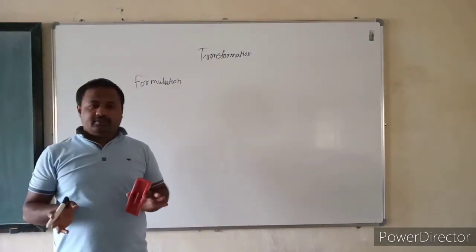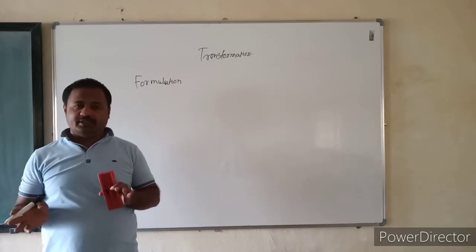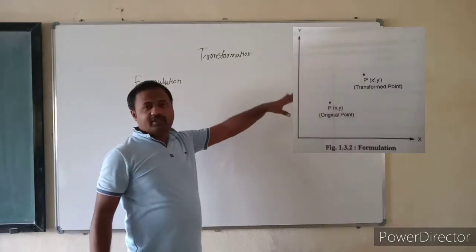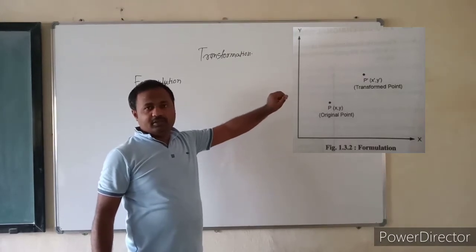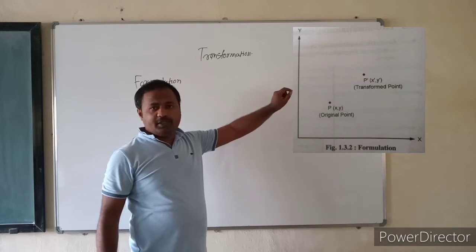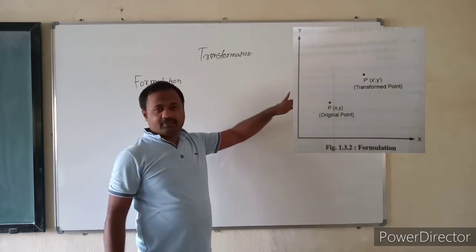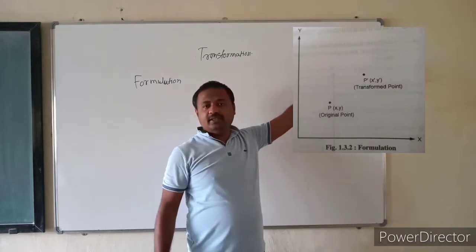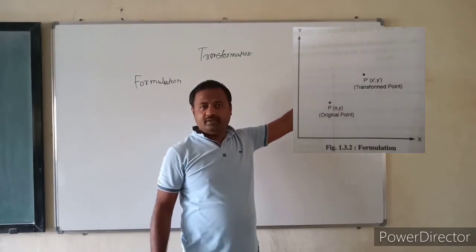In any two-dimensional space, we have in the image a 2D space in which point P has coordinates x, y and it is transformed to point P dash, with coordinates x dash, y dash.